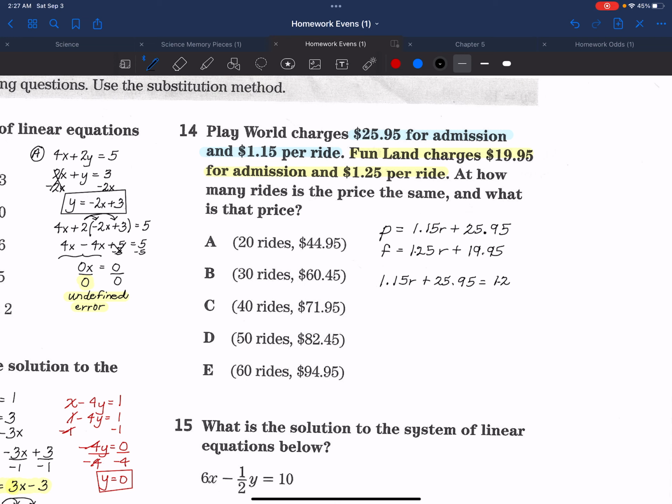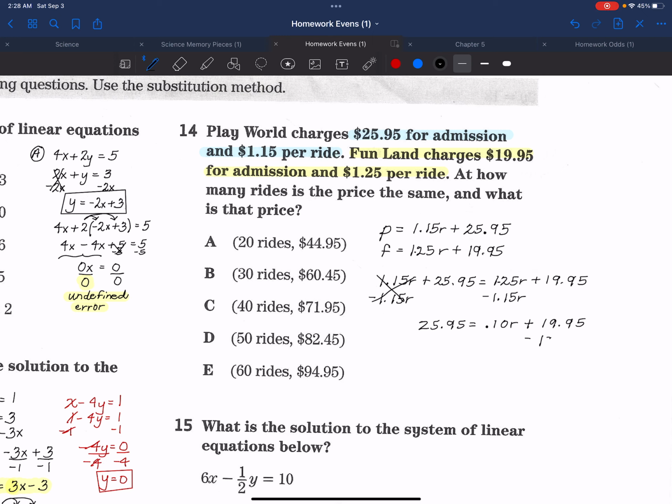1.25 times R plus 19.95. So I'm going to move the 1.15R and cancel. So I'm left with $25.95 on this side, and we have a difference of 10 cents per ride on this side, and $19.95 is still over there.